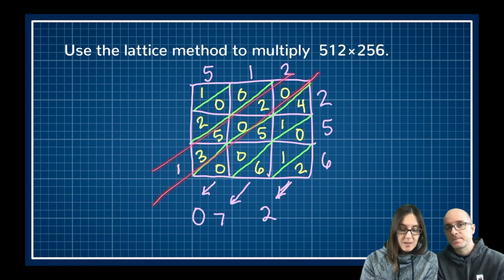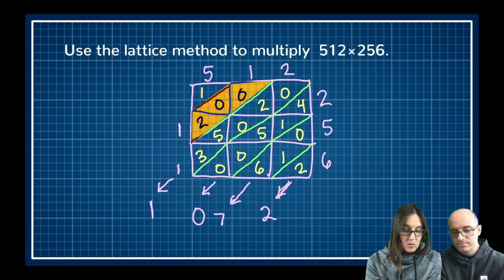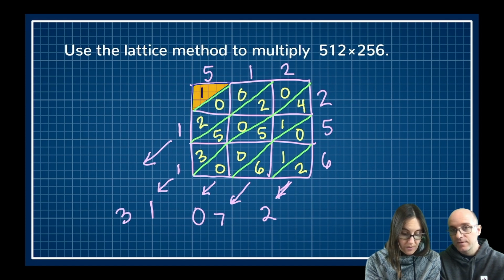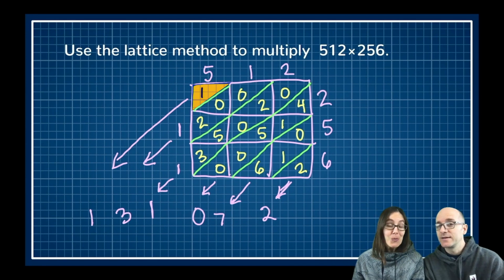Now I add them together: 1 plus 3 is 4, plus 5 is 9, plus 2 is 11. Again, I put the 1 here and carry the 1 up here so it becomes part of this column. 2 plus 1 is 3. And last but not least, 1 plus nothing is still 1.